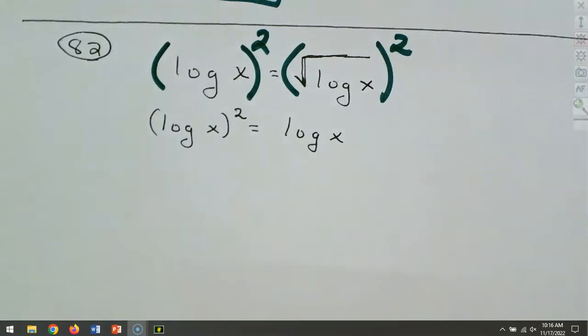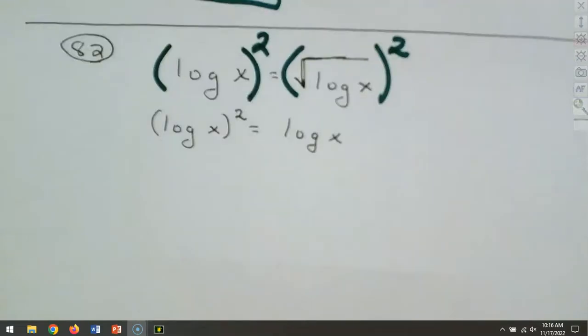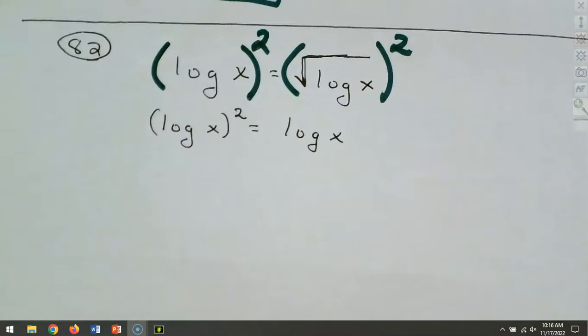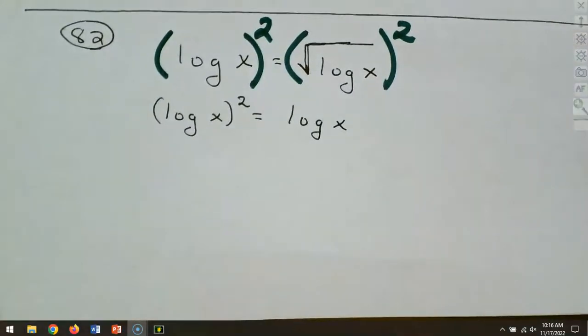Okay, how can we handle it from here? Well, we need to figure out some way to get these to go together. We could use a substitution. Let me just make sure I wrote it down right. Okay, yep. It looks right there.